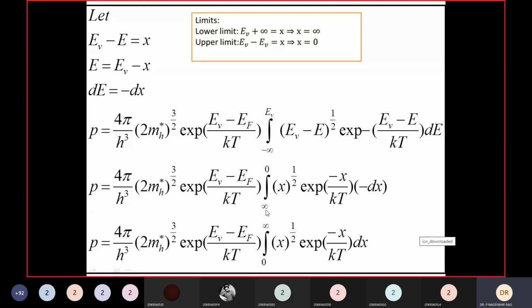Now this term will be X into exponential of minus X by KT, and instead of dE we get minus dX.